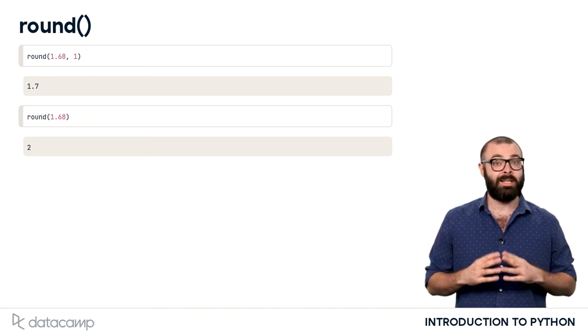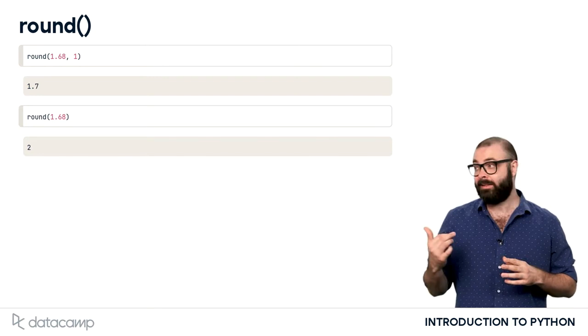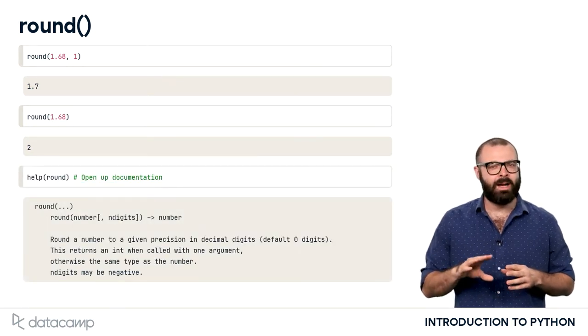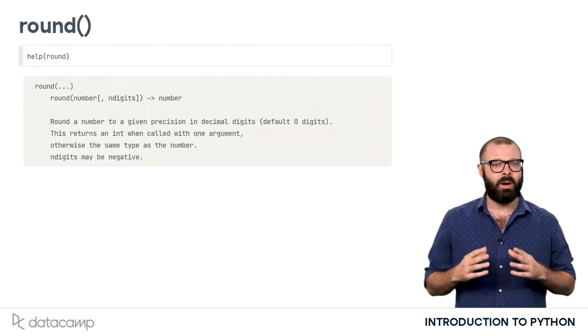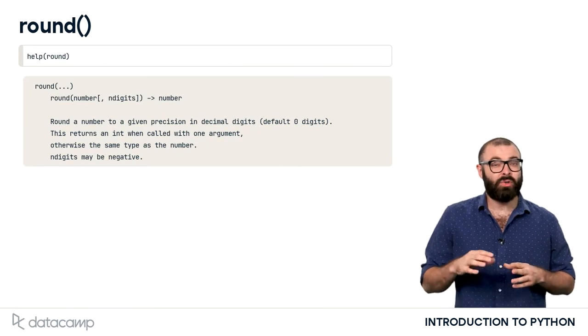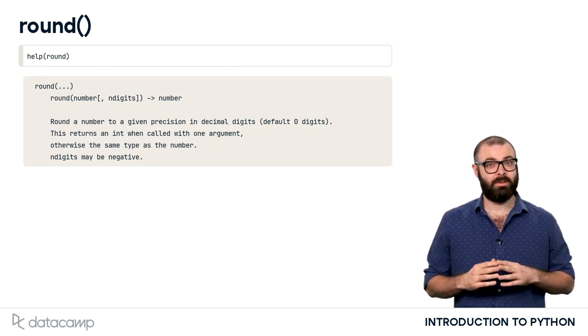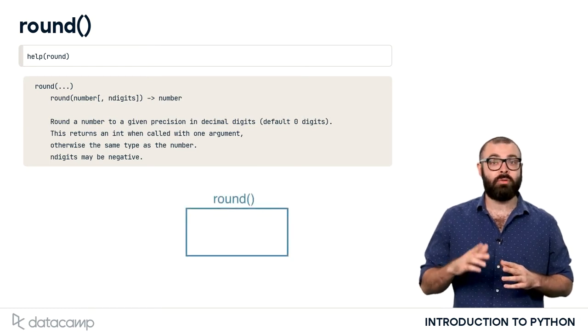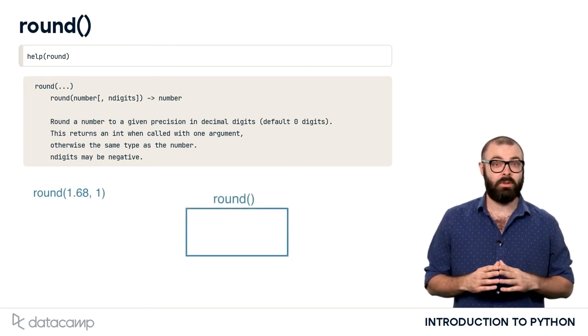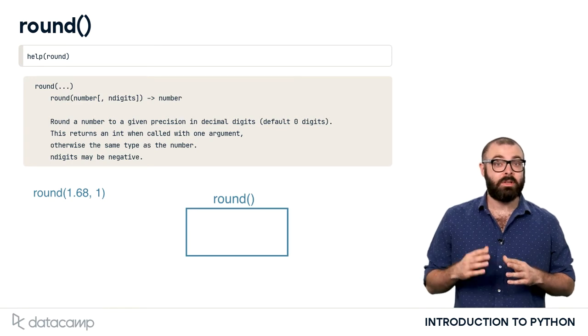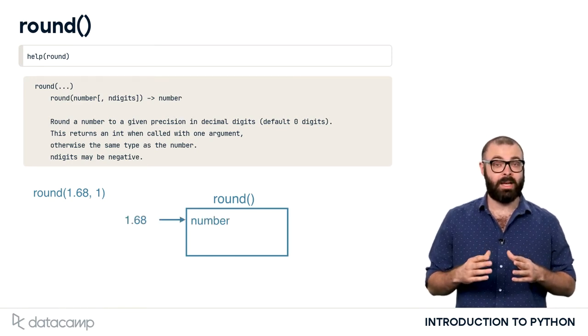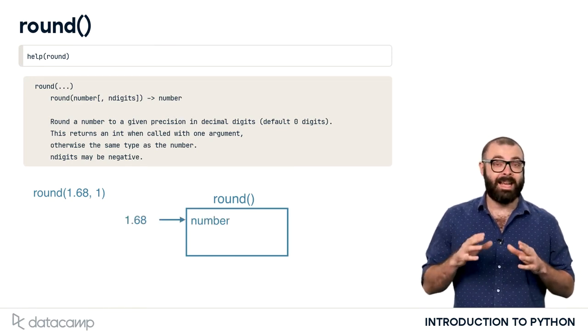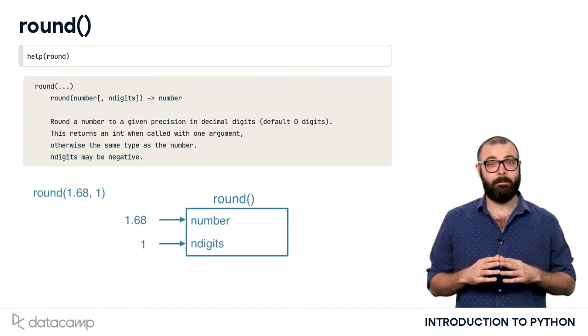You can do this with yet another function, help, like this. It appears that round takes two inputs. In Python, these inputs, also called arguments, have names, number and ndigits. When you call the function round with these two inputs, Python matches the inputs to their arguments. Number is set to 1.68 and ndigits is set to 1.